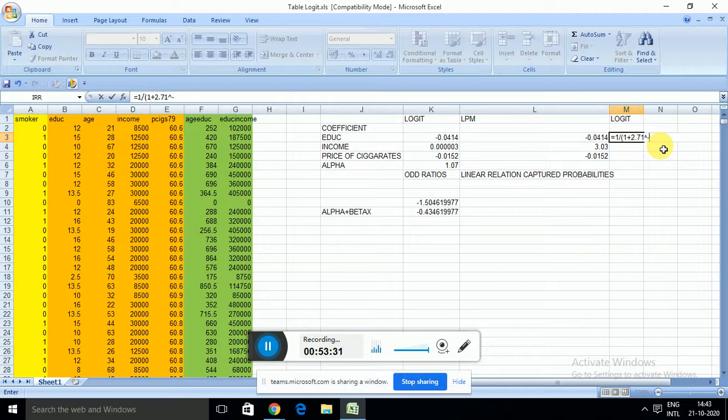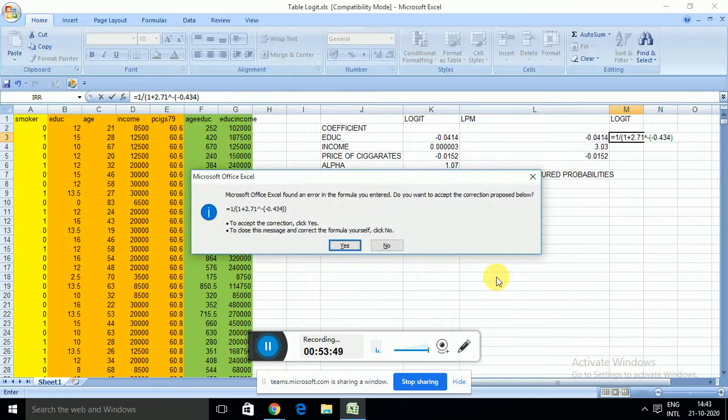This is the formula for the Logit model, which is again negative of 0.434.